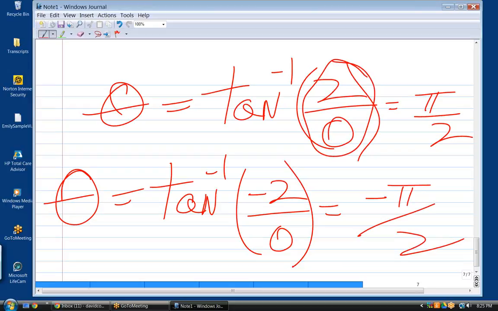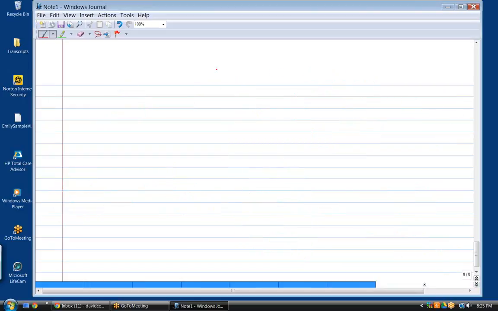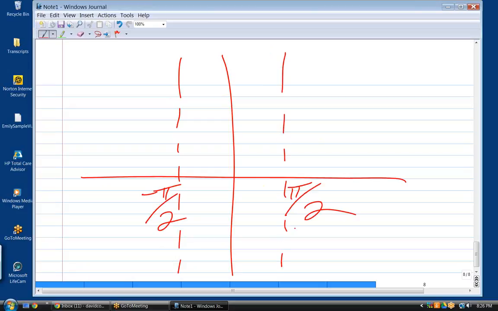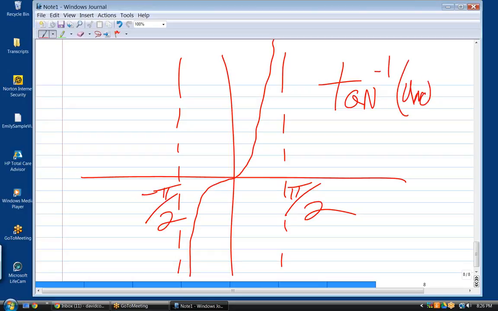And that angle is pi over 2, 90 degrees or minus 90 degrees. If you look at the tangent curve, you have asymptotes, minus pi over 2 and pi over 2. And at both of those places, tangent is undefined. So inverse tangent of undefined is pi over 2 or minus pi over 2.